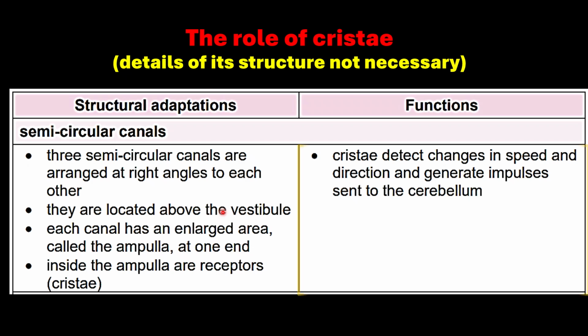Now, what is the function of the cristae? That will take us here. This is the role of the cristae. It detects changes in speed and direction. So if you are walking or running or moving, or when you're in a car, you can actually know how fast the car is moving without checking the speedometer, because the cristae inside your semicircular canals are able to detect changes in speed and also direction.